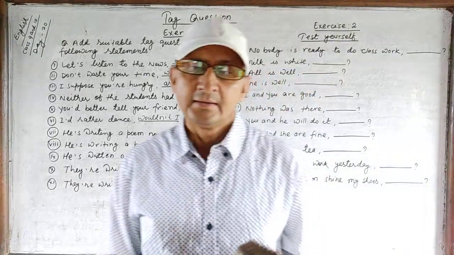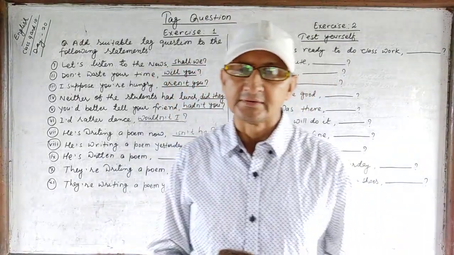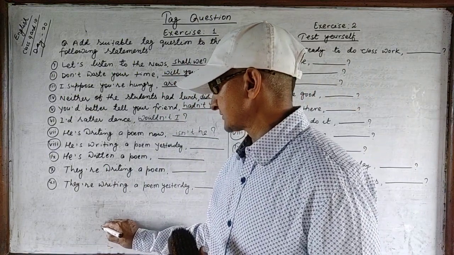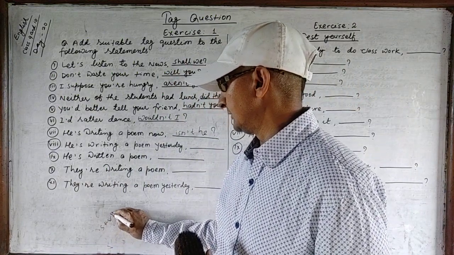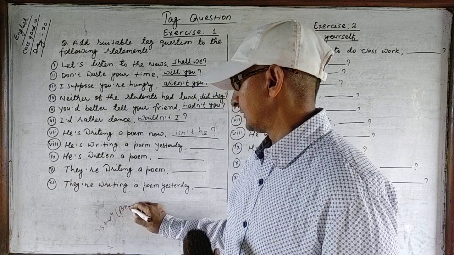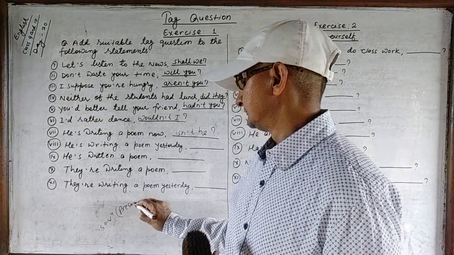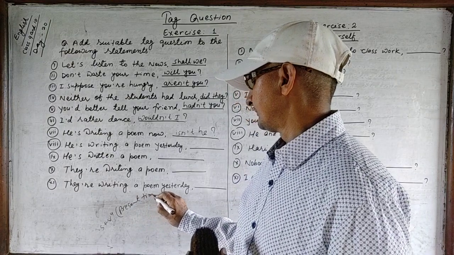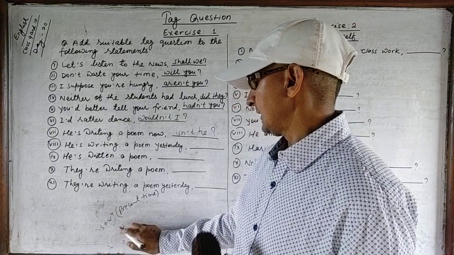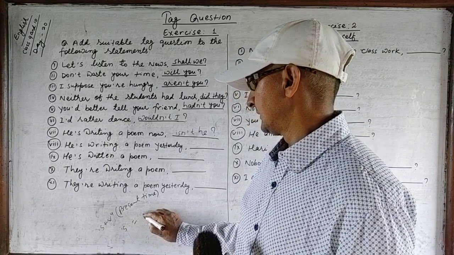Now, why is there isn't as a tag? If there is apostrophe s plus V4 showing present time, the apostrophe s becomes is.